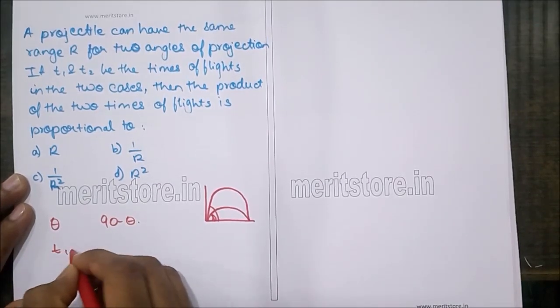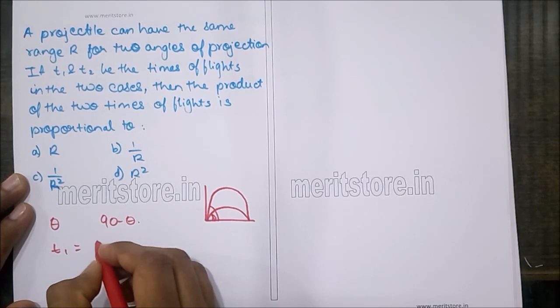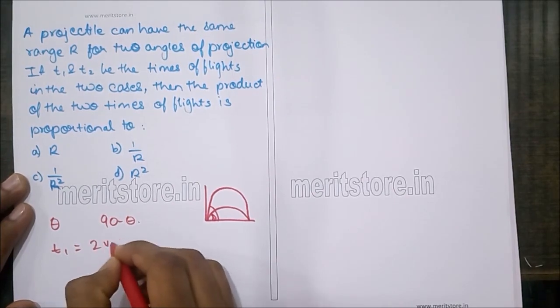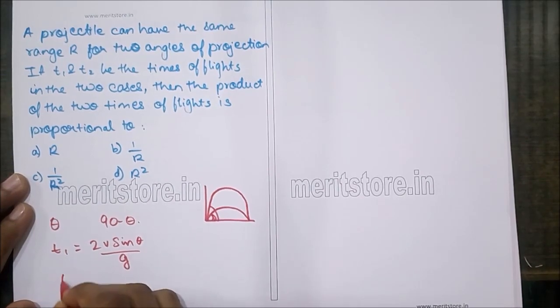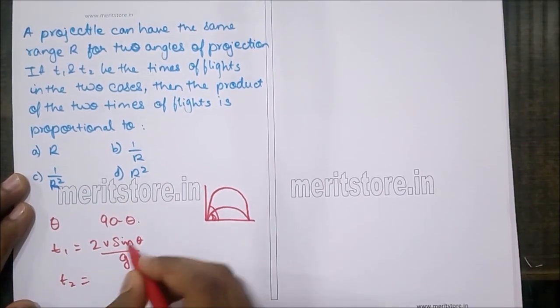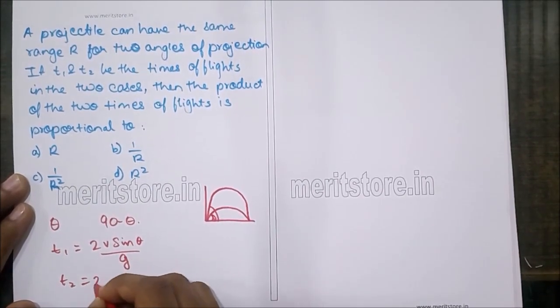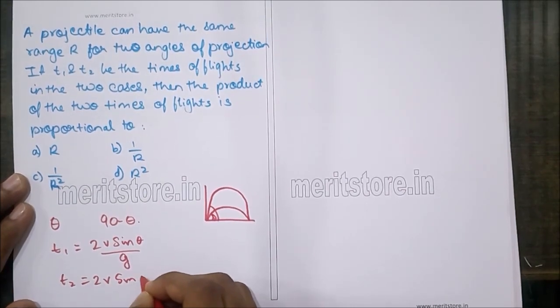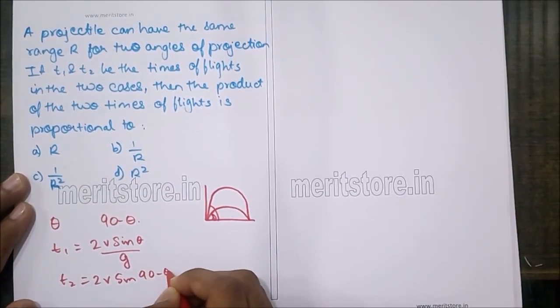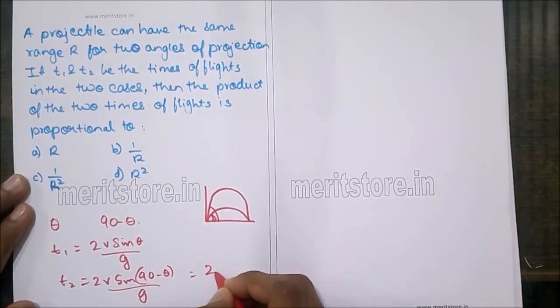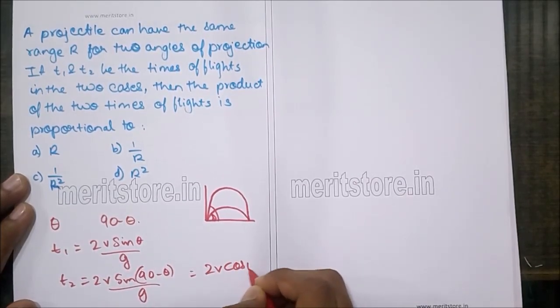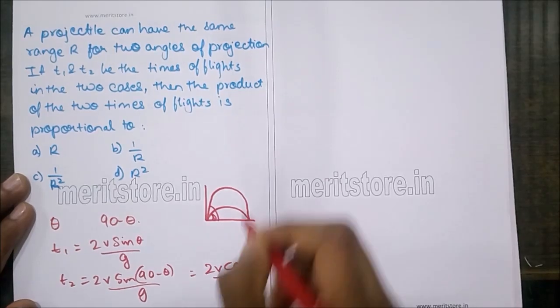Hence, let T1 be the time for the first angle, so 2v sine theta upon g, and T2 be the time for the second angle, so 2v sine of 90 minus theta upon g. Sine of 90 minus theta can be written as cos theta upon g.